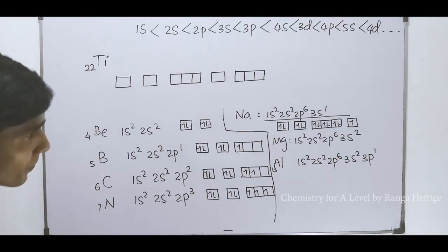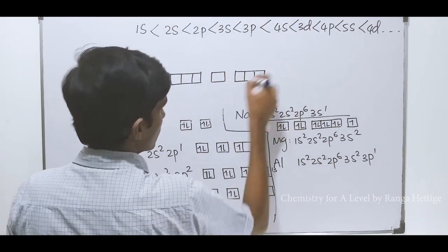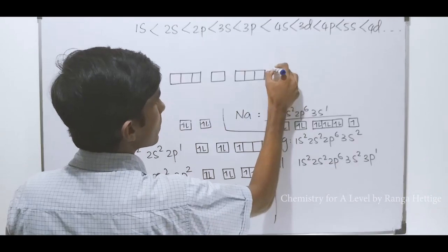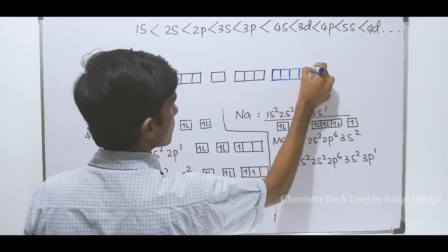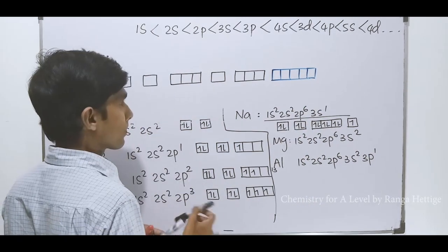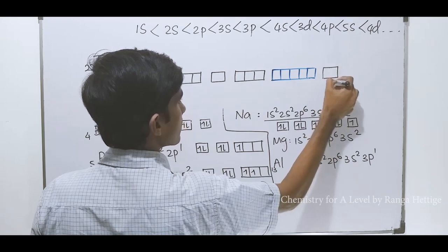Here I will draw the 3d orbitals, there are 5. 1, 2, 3, 4, 5. Then 4s.